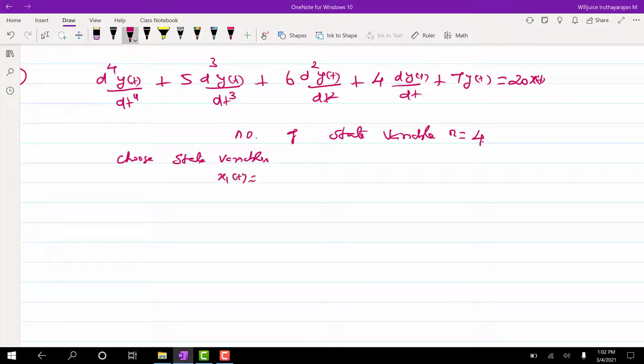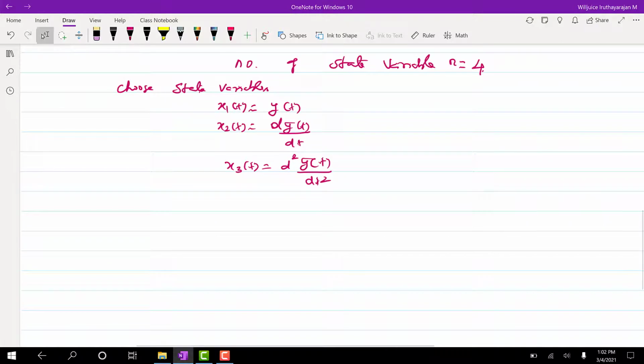x1 of t is nothing but y of t, then x2 of t is nothing but dy of t by dt, then x3 of t is nothing but d square y of t by dt square, then x4 of t.